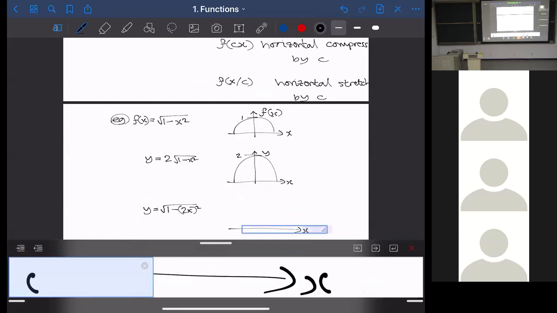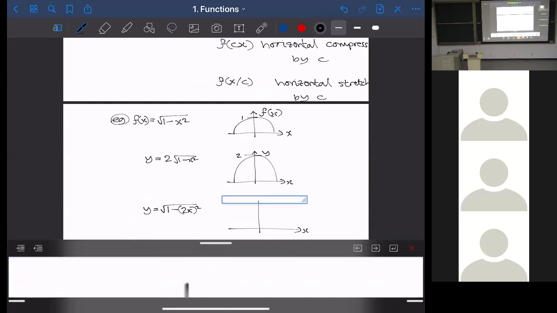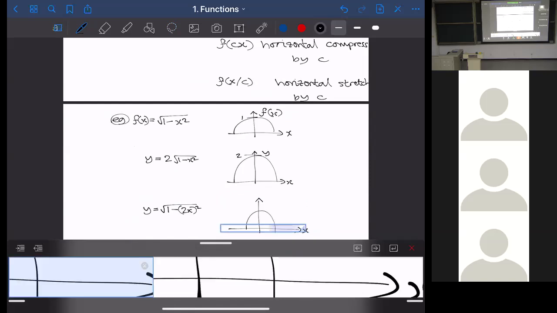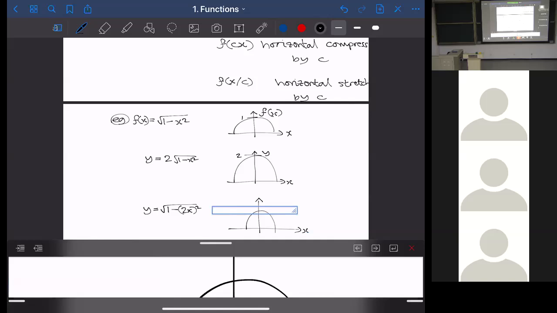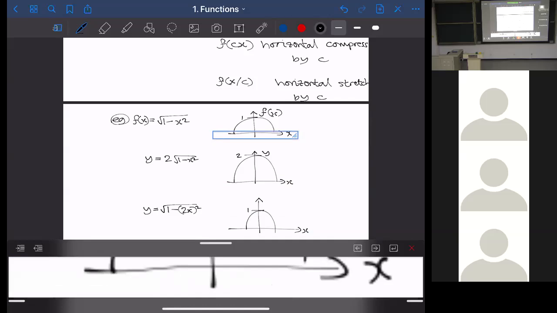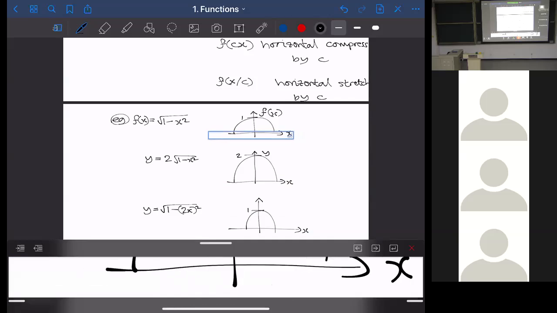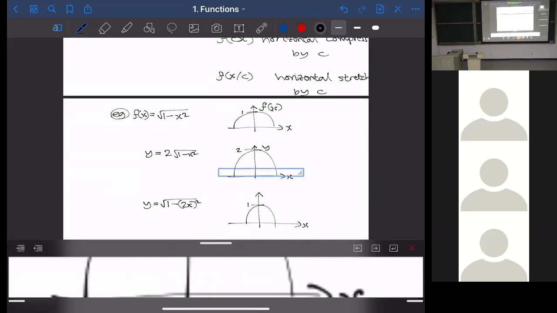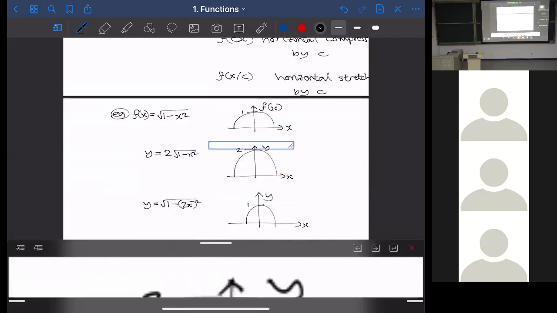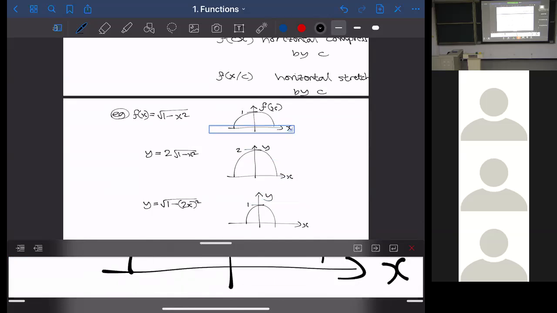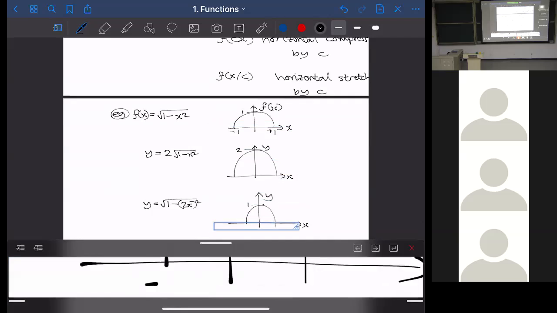So that's right. So the y-intercept is still 1. But the x-intercepts used to be minus 1 and plus 1. And now they're minus half and plus half.